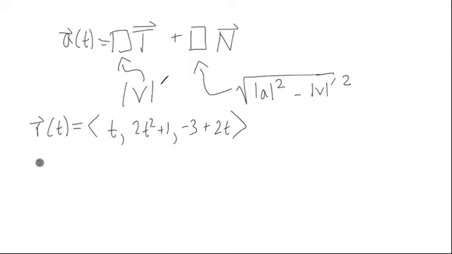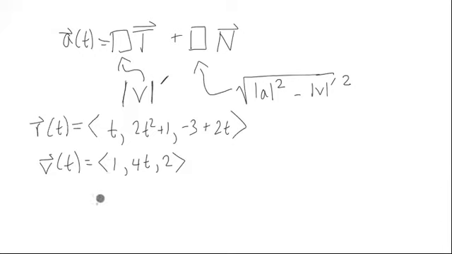So first, the velocity vector is easy. We just take a derivative. We get 1, 4t, 2. All right, then we find the length of this, because that's what this means right here, and then we take the derivative of that.